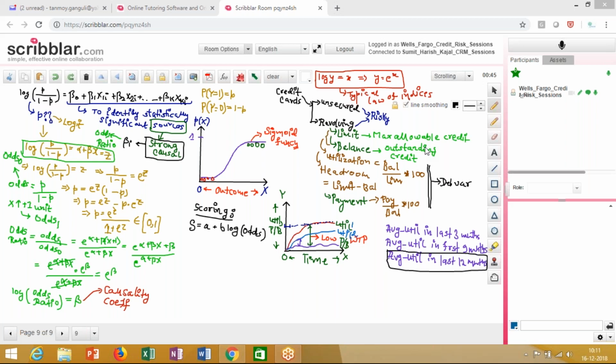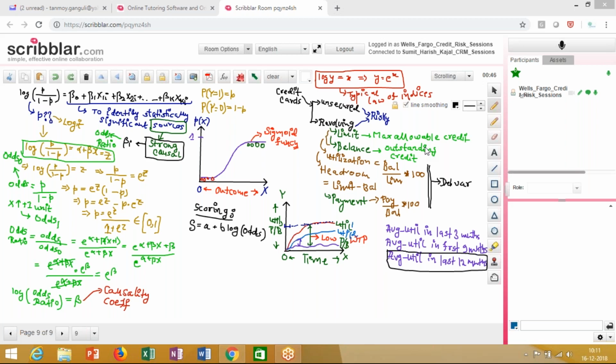That is the reason why a linear relationship is considered, to ensure that the relationship between the two variables, log of odds and score, is proportionate in nature. So whenever we assume a linear relationship, we are trying to assess whether there is a proportionate relationship between x and y or not.